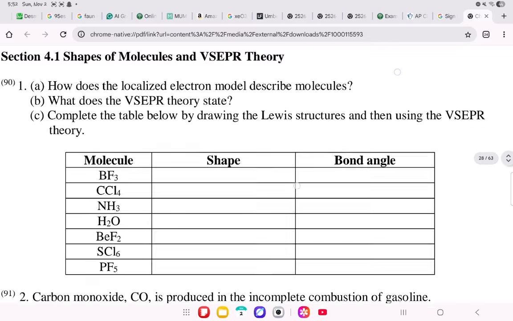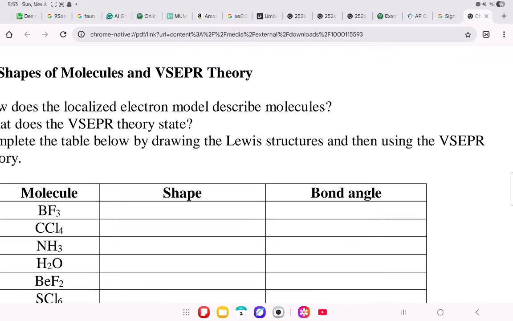Very simply, what we should say in this scenario is that the localized electron model, LE, describes a molecule as a substance made up of atoms held together by shared electron pairs, and these electron pairs are either lone pairs or bonded pairs.